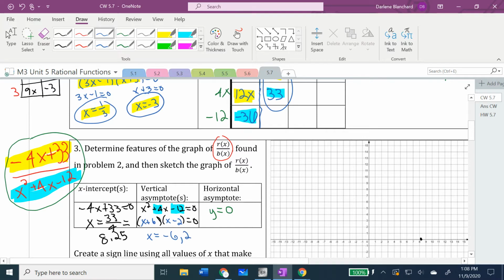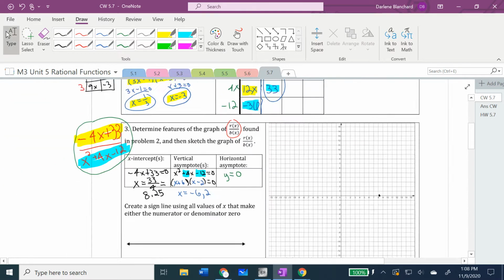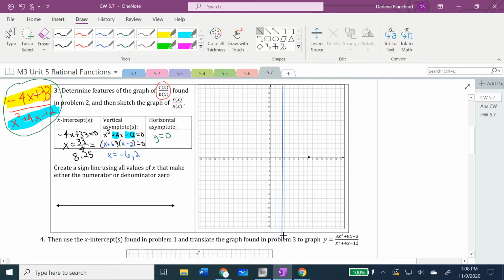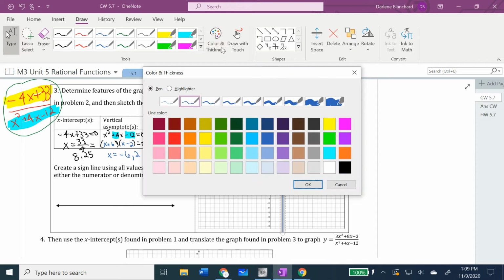So what I'm going to do is draw those vertical asymptotes that I just found. Ooh, I can draw lines on this. So I'm going to draw a line at x equals 2. And I think there's a way to make these dashed.